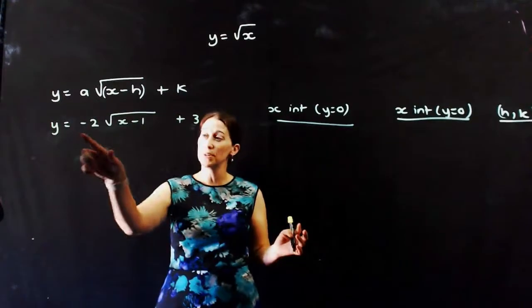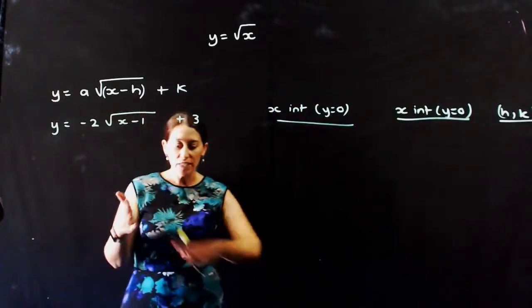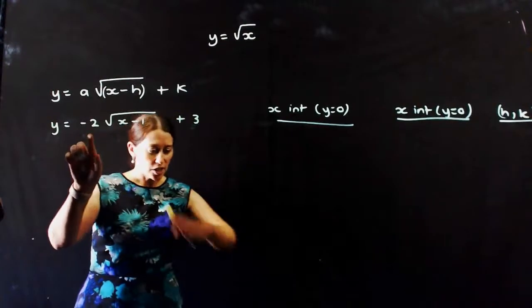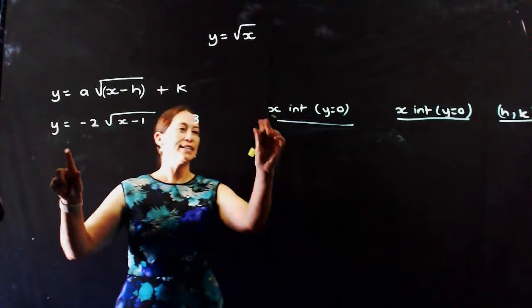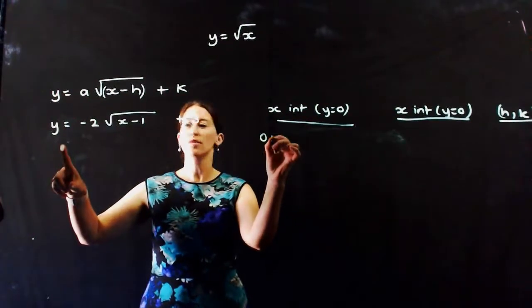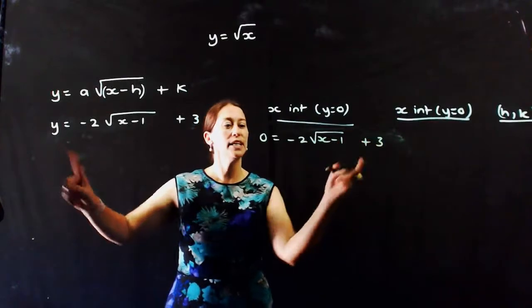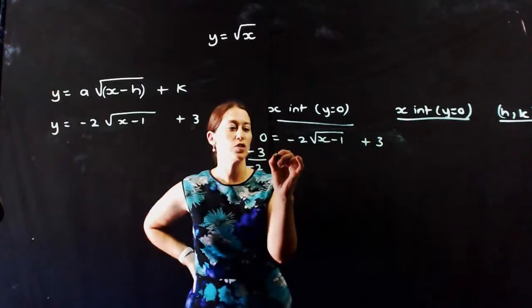Let's do a second example. You'll notice in this equation the value of a is negative. That means we're only interested in the negative arm of the graph y squared equals x. So we're going to have a graph that looks like that. Let's find the x-intercept when y equals 0. 0 equals minus 2 square root of x minus 1, plus 3. Subtract the 3 and divide by the negative 2 at the same time.